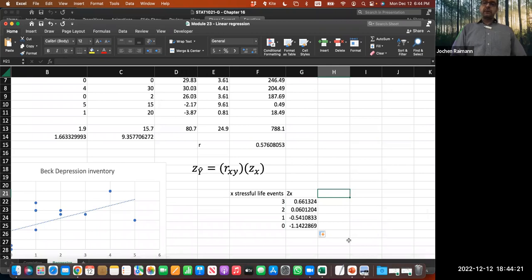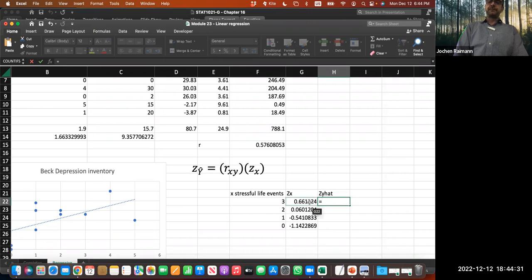So now we know that if we want to get to set y hat, we just have to multiply this by the correlation coefficient.